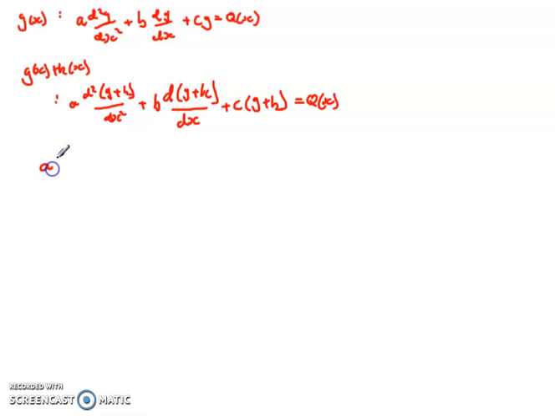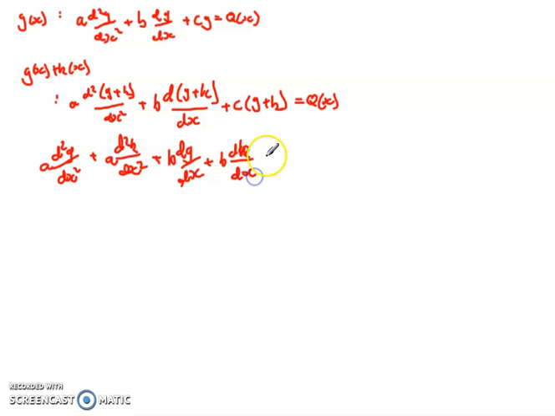So I can say a d2g by dx squared plus a d2k by dx squared plus b dg by dx plus b dk by dx plus cg plus ck equals q of x.